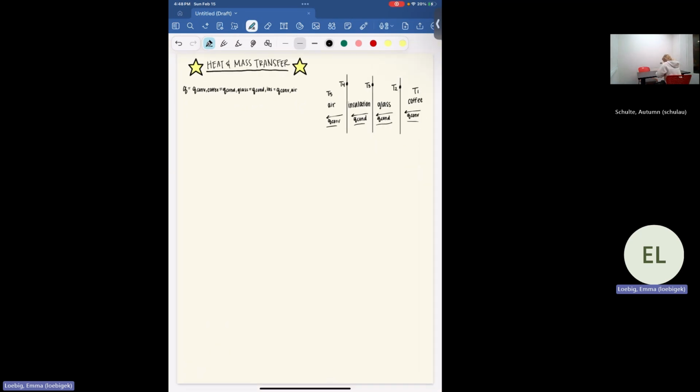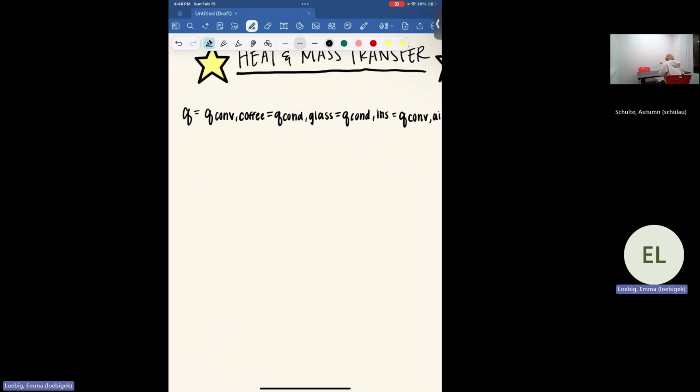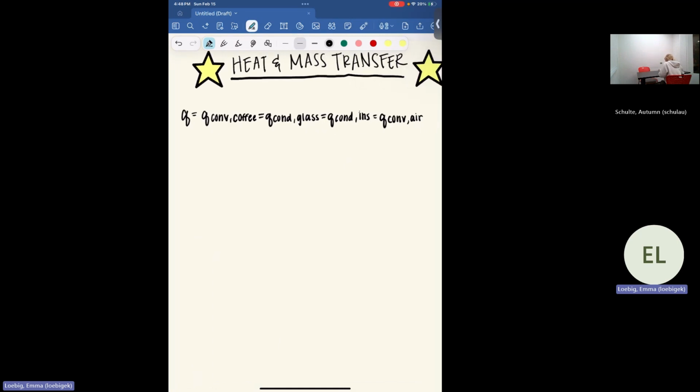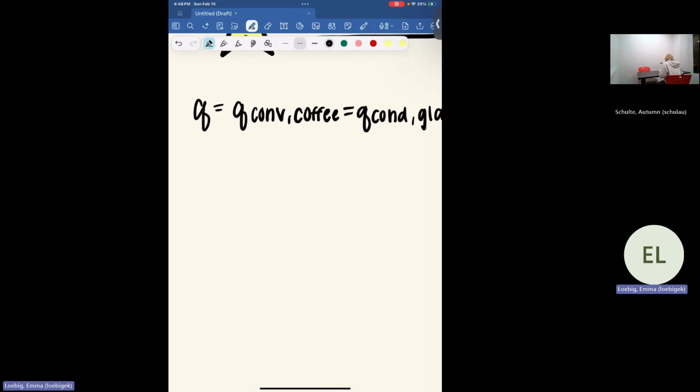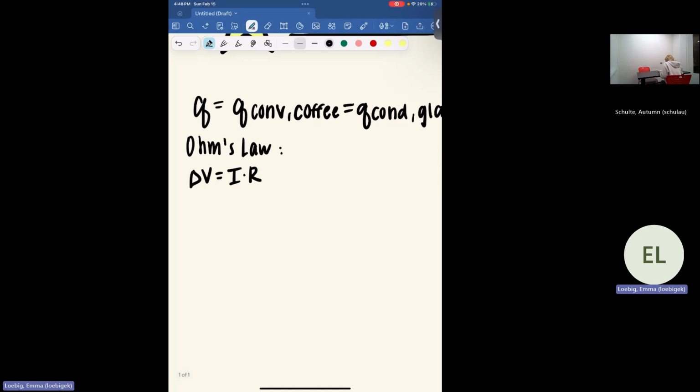And as we said before, this is analogous to electrical circuits. So we had Ohm's law, which is the change in voltage is equal to our current multiplied by our resistance.